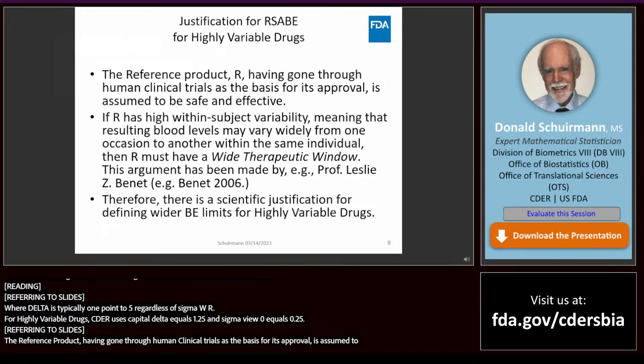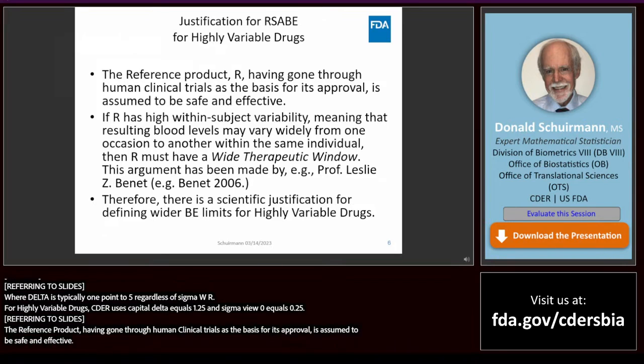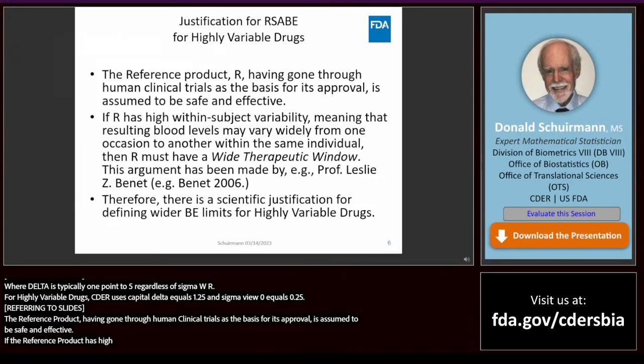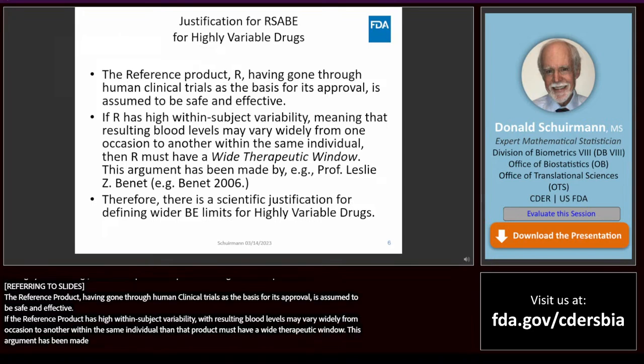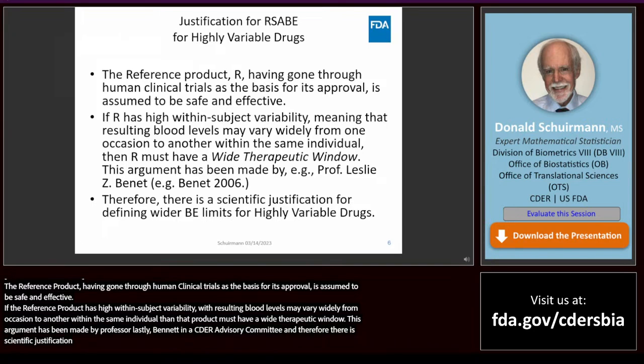So if the reference product has high within-subject variability, meaning blood levels resulting from it can vary widely from one occasion to another within the same individual, then that product must necessarily have a wide therapeutic window. That argument has been made, for example, by Professor Leslie Bennett in a 2006 presentation before the CEDAR Advisory Committee. So, therefore, there is a scientific justification for defining wider bioequivalence limits for highly variable drugs.